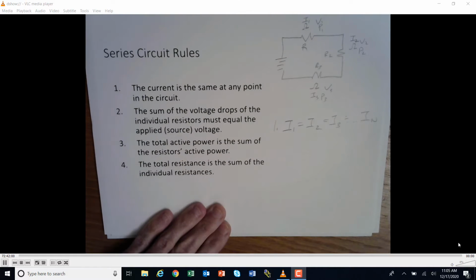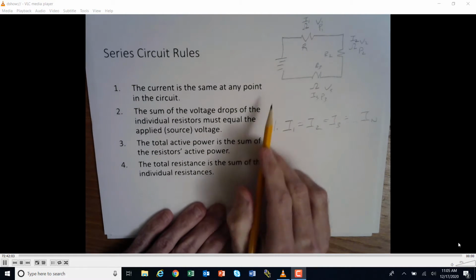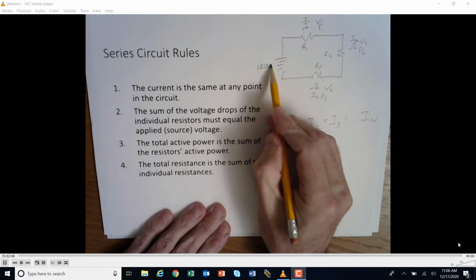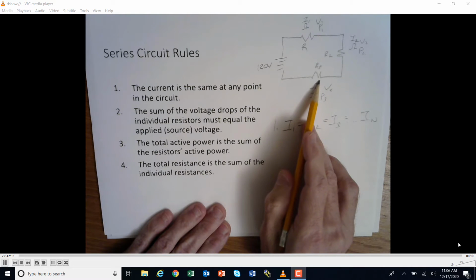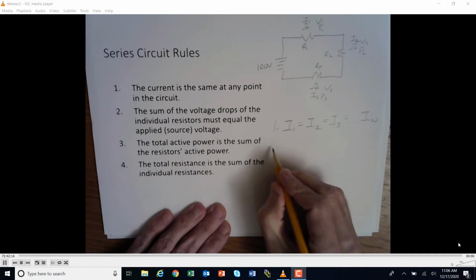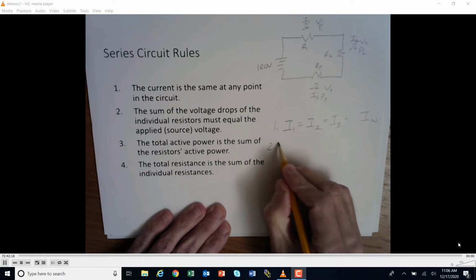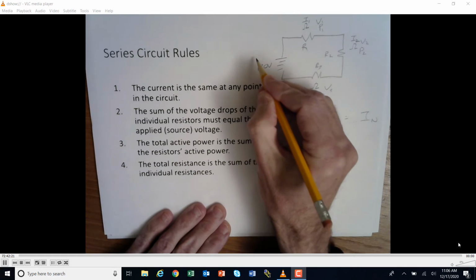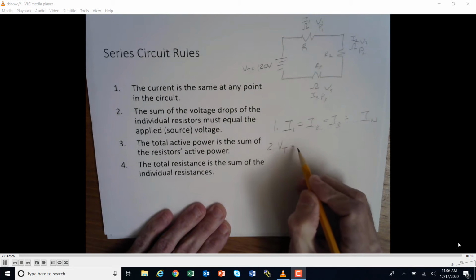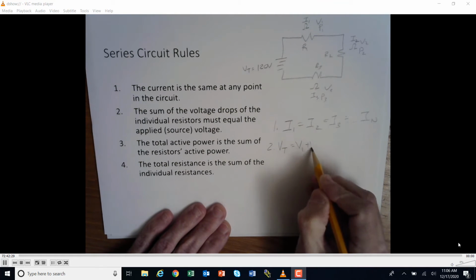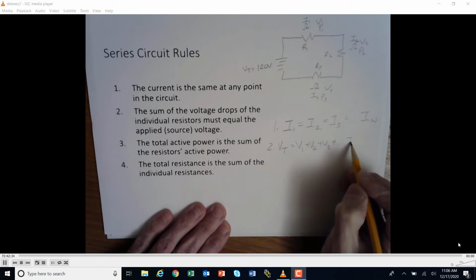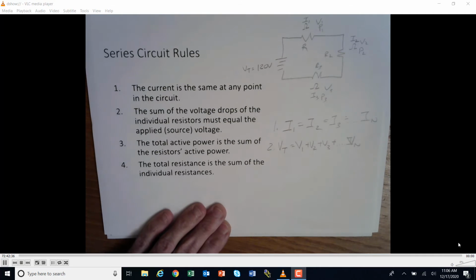Number 2, the sum of the voltage drops of the resistors must equal the source. My source right here might have 120 volts or something like that. Each one of these would drop voltage, and the sum of those voltage drops would equal 120. Mathematically, the total voltage of 120 is equal to voltage 1 plus voltage 2 plus voltage 3, as many as you go, up to voltage n, n being the number of loads.